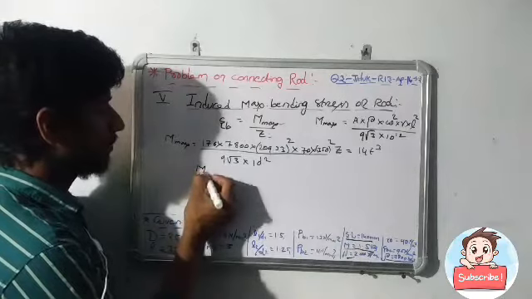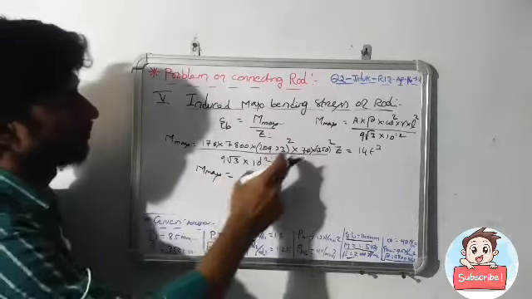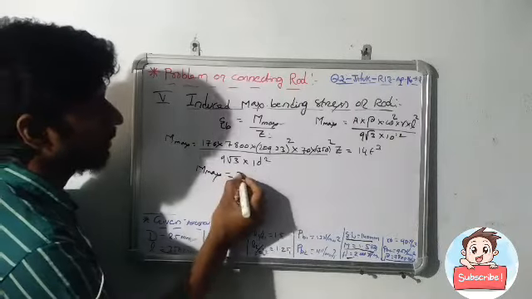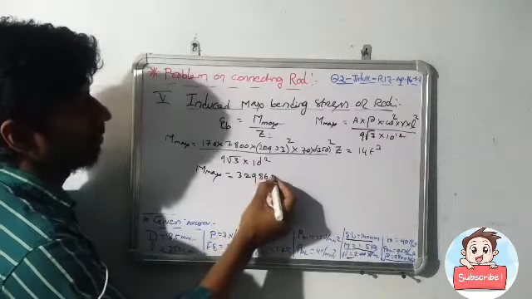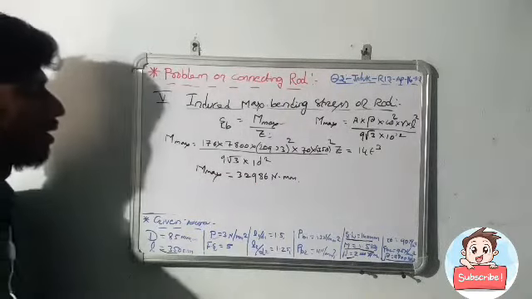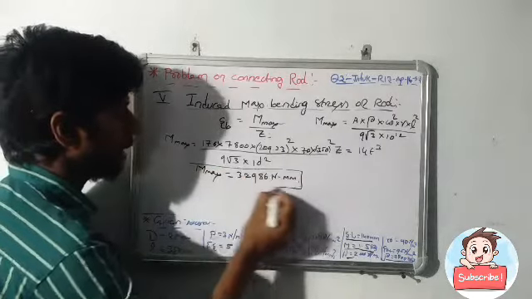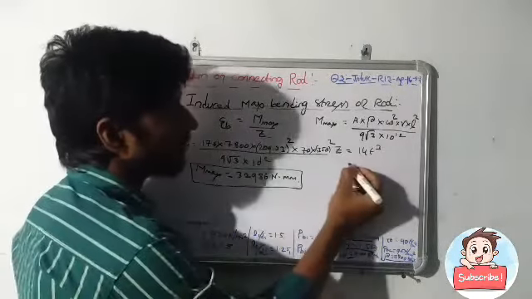That M maximum is equal to 32986 Newton meter. So this is the M maximum acting on the connecting rod. Okay, and next go to the section modulus.